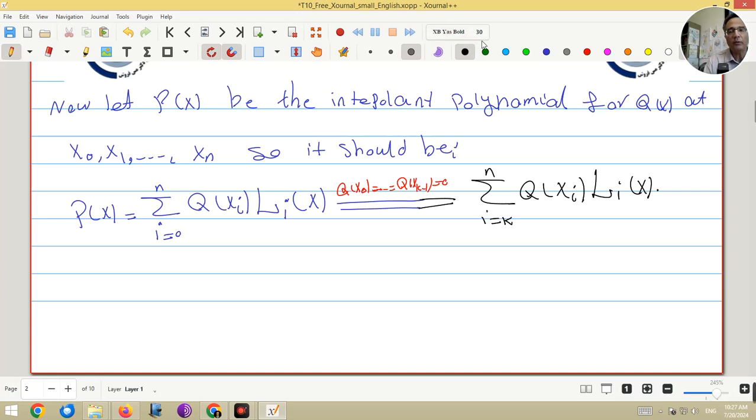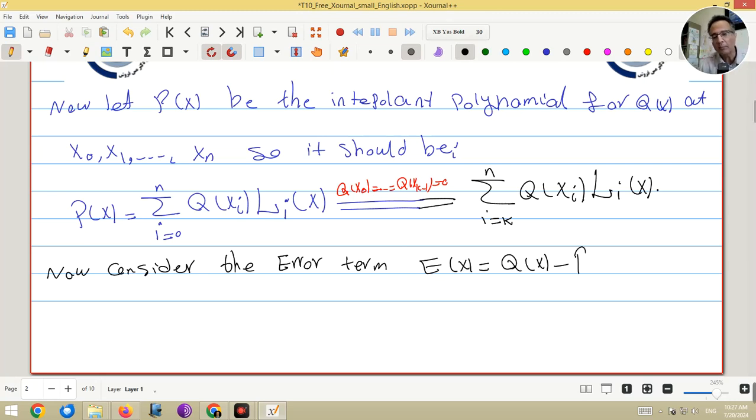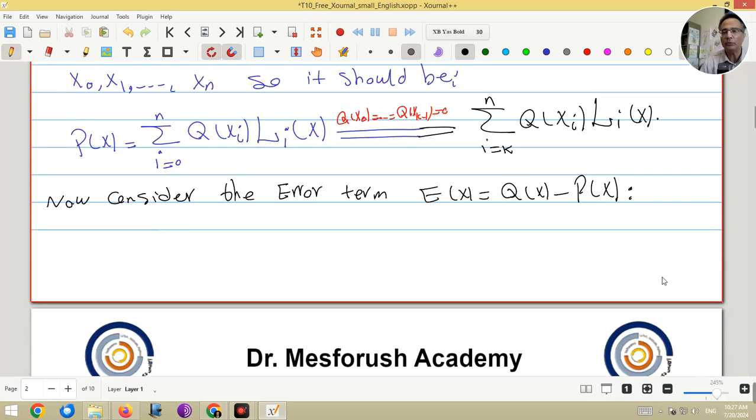So now consider the error term E of x equal to q of x minus p of x. Let me compute this error term.